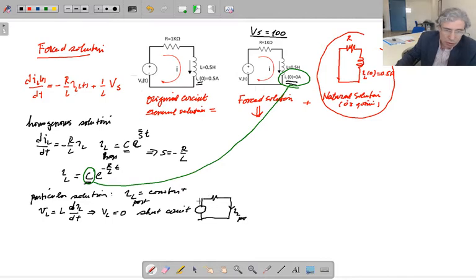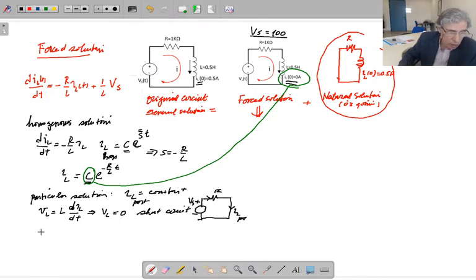What is this current? The resistor voltage is the same as the source voltage, so the resistor current is also equal to this current. That means IL is the same as the resistor current.